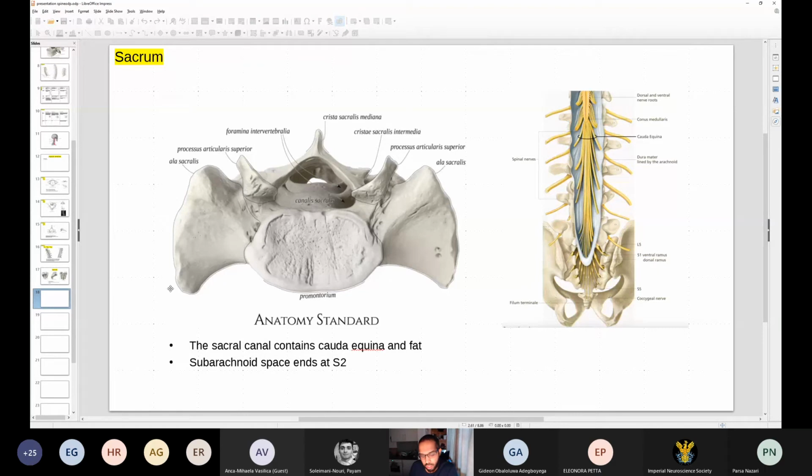You will make use of this anatomical fact that the subarachnoid space, which contains CSF, continues all the way down to S2 with minimal involvement of extremely important structures, because the actual spinal cord ends at L1 or L2, but here you have plenty of space and plenty of CSF, through which you can introduce a needle and take some CSF, either for diagnostic or therapeutic purposes.